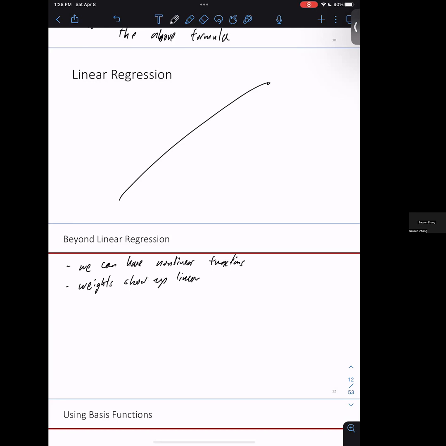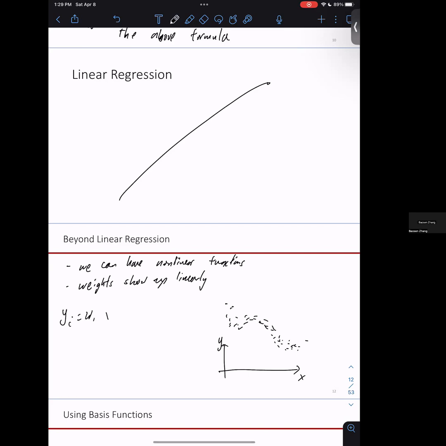There's no requirement that X has to be linear. For example, if you're given some data like this, let's say you have a bunch of data spread out this way, this is obviously a nonlinear function. Let's say this dimension is x, this direction is y, and you have some data that's not linear. You can definitely fit a more complicated function than linear.